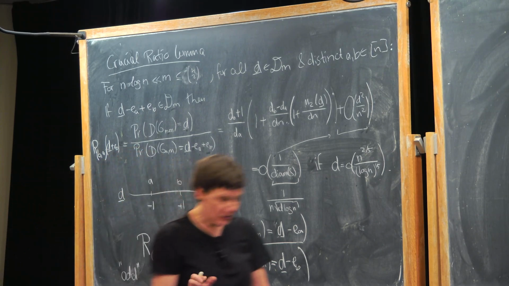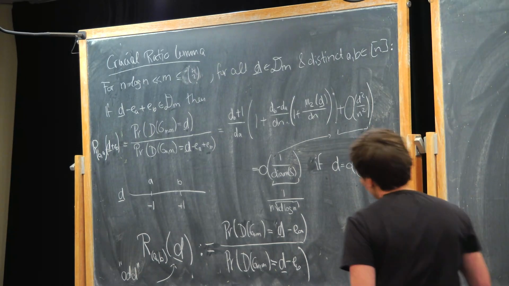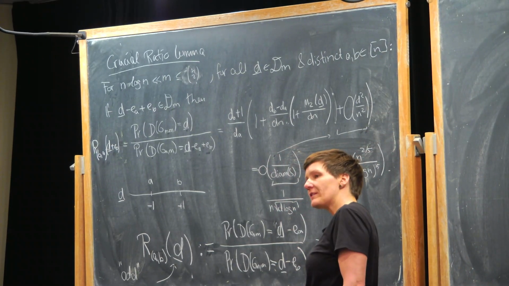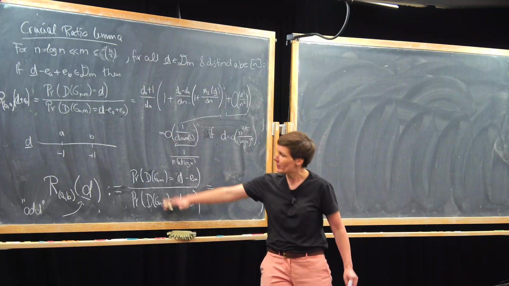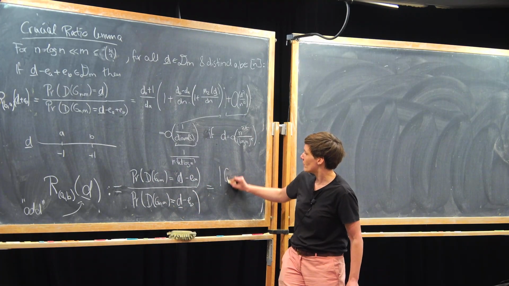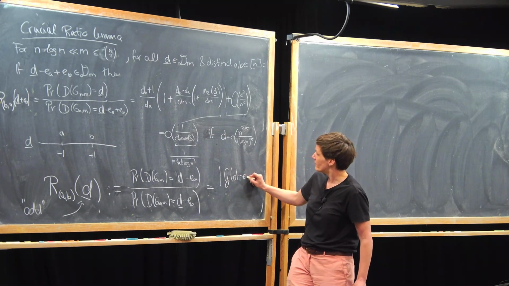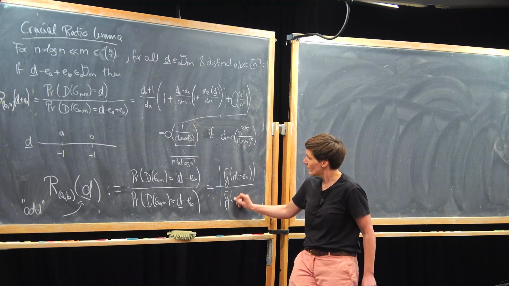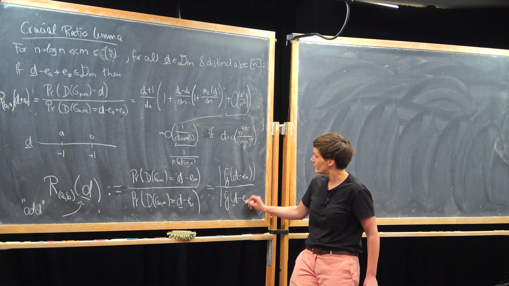Okay, but it's just a rewriting. So that's what we want to approximate, and when we approximate these two ratios, I can forget about the normalizing as well. So that is just the number of graphs with degree sequence D minus EA over the number of graphs with degree sequence D minus EB.